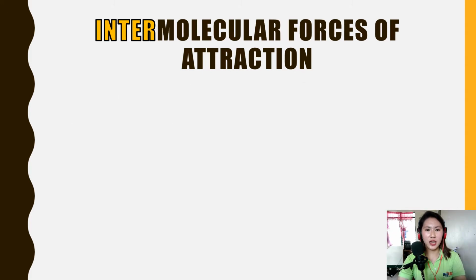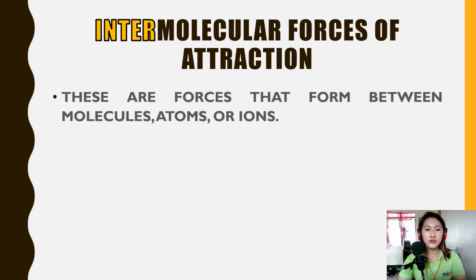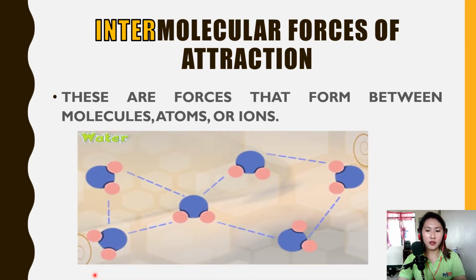Now we have intermolecular forces of attraction. These are forces of attraction between molecules, atoms, or ions. Here is an example: we have a water molecule, and it is attracted to another water molecule.